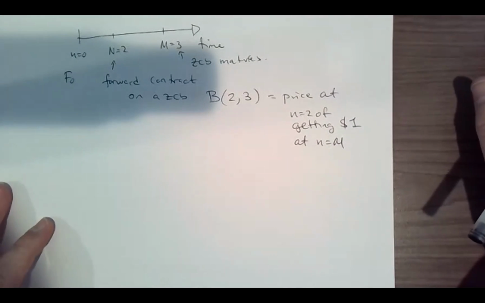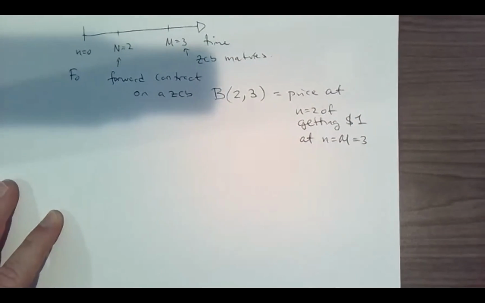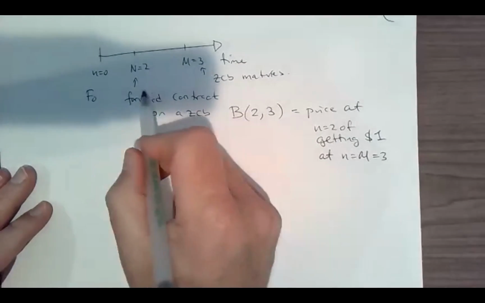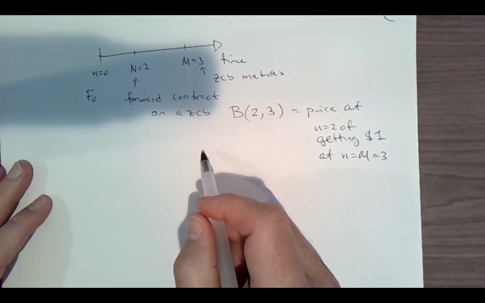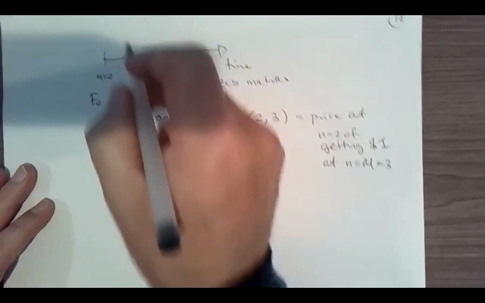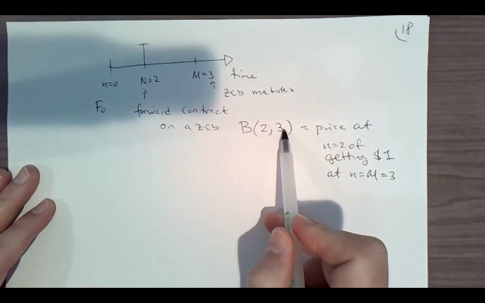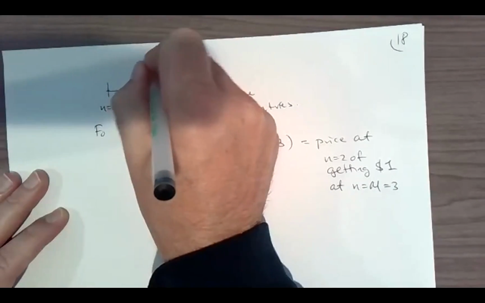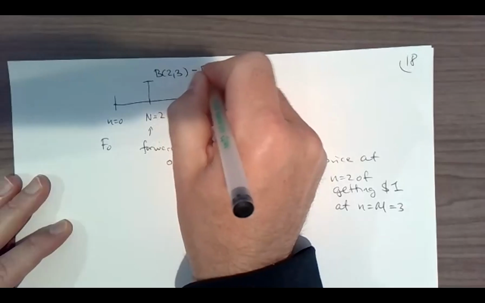Are you good so far? Yeah. So then the forward contract's payoff is going to be the zero coupon bond, and then we have to pay for it. And we pay F0.